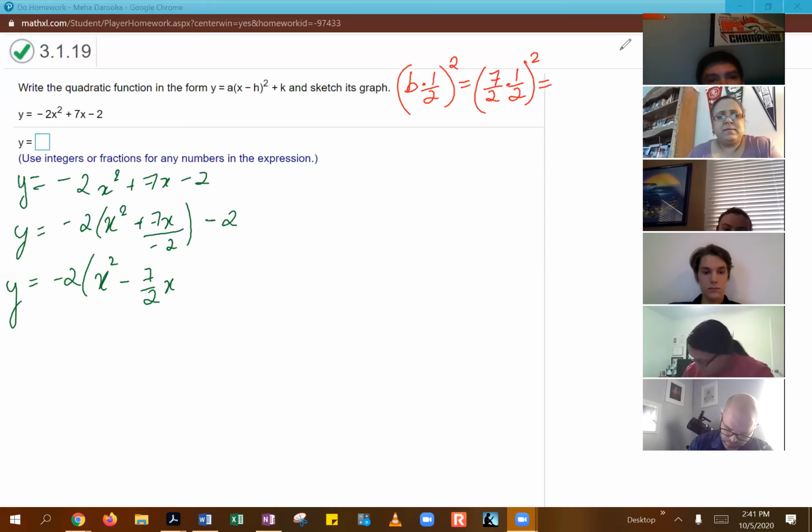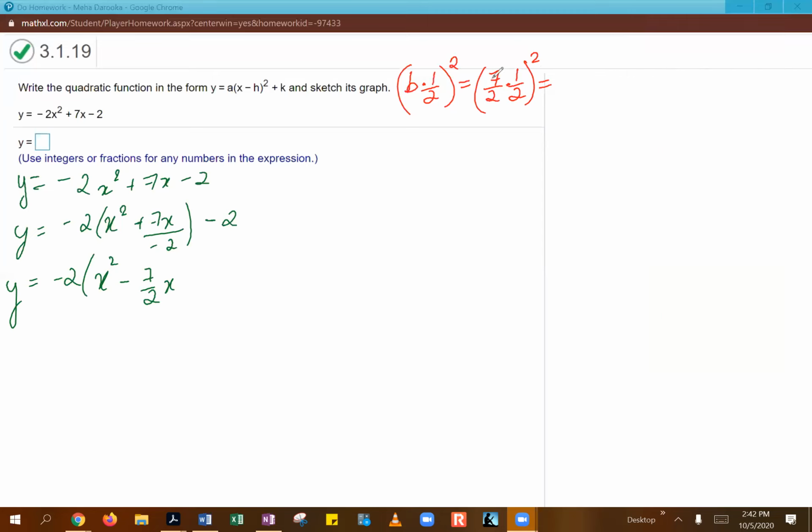Just 49? Yeah, it should be a fraction, right, James? You should have the 7 on the numerator, because when we multiply this, we would have 7 times 1, which is 7 on the top. 2 times 2 would be 4. And then when we square it, that, of course, as you guys have it in your answer, is 49/16.